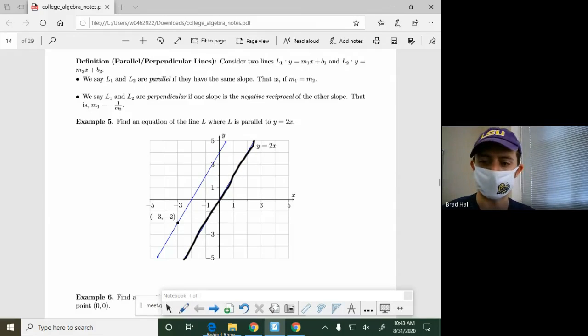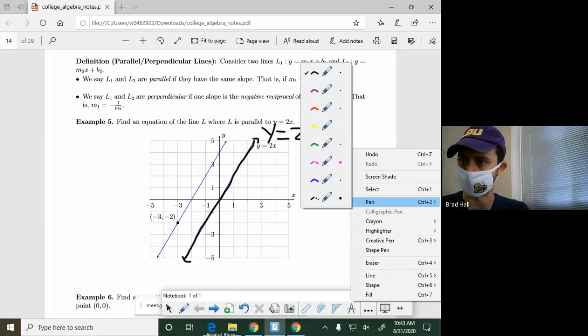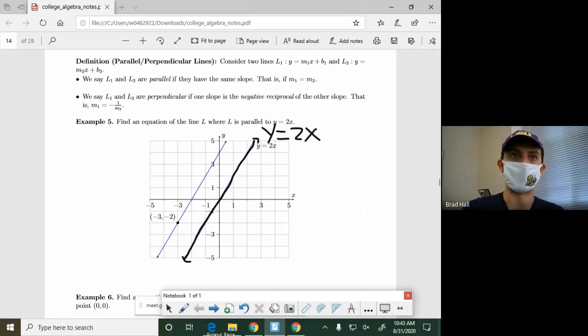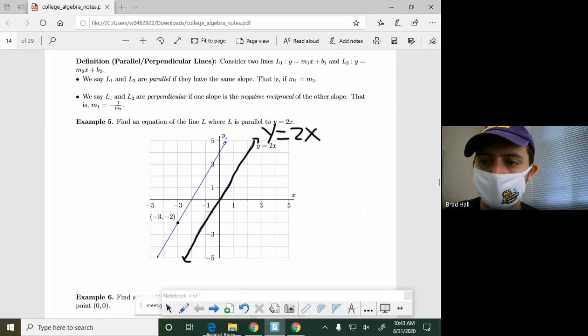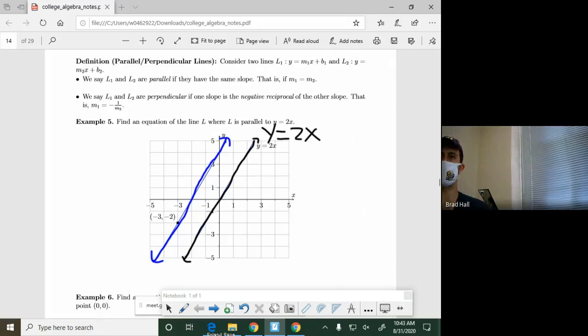Everything about this line is already known, and this line in black is called y is equal to 2x. What they want to know, I'll emphasize this in blue, is: all right, cool, you have an equation for that one? Awesome, I want an equation for this parallel line over here. And even more helpful, I'll tell you a point on it.